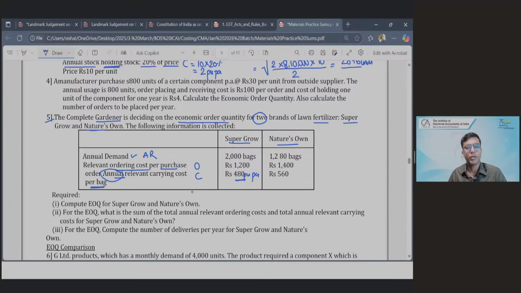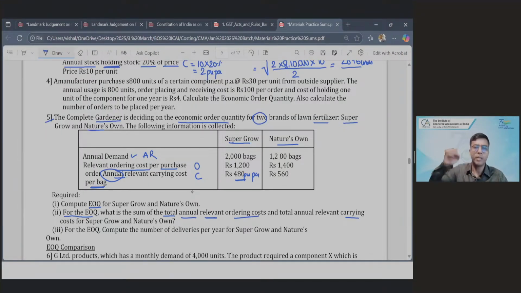Now, interestingly, why I prefer taking this question, they have asked me to compute EOQ. That anyways, we have the formula. What is important is now for the first time, you have to do the calculation of the related cost. So what they're asking me is to give them the total annual related ordering and annual carrying.